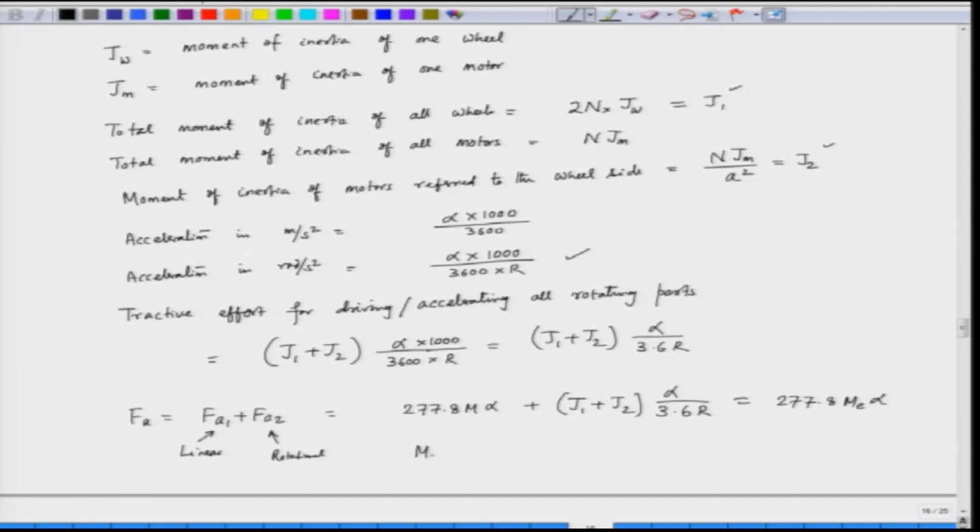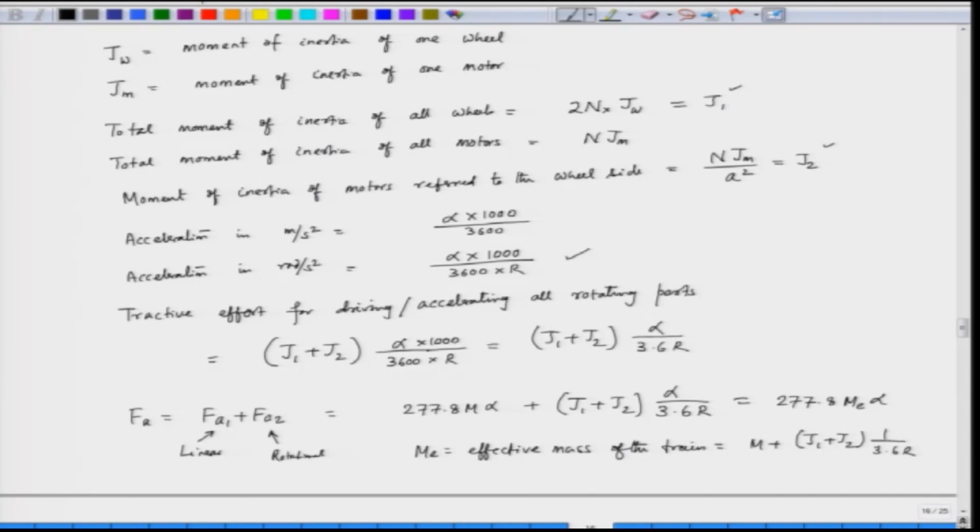So, what is Me? Me is the effective mass of the train, that is equal to m plus J1 plus J2 into 1 by 3.6 r.